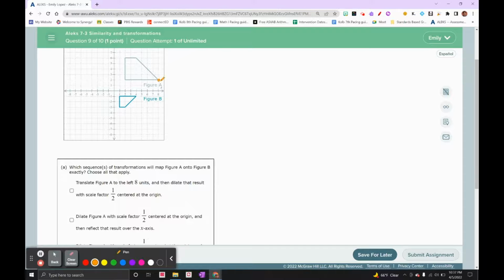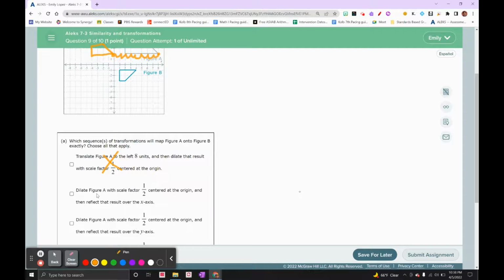I'm going to pick the corner right here: 1, 2, 3, 4, 5, 6, 7, 8. And then dilate the result by scale factor 1/2, so you make it smaller by half. We will have something look like this. It's not even close to that one. So the first one is wrong.